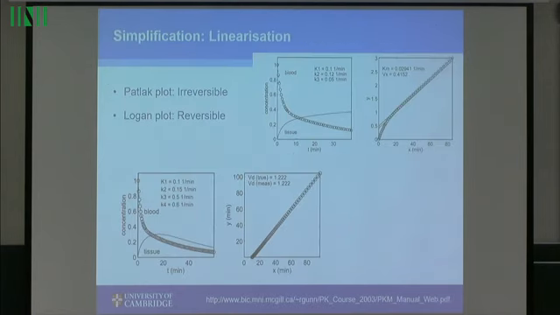Now these compartment models are iterative models, so they take a lot of computational effort, and it's not quite feasible to look at individual voxels in the image if you want to compare voxel-wise between groups. So we look for simplification like linearization, where examples are the Patlak plot for irreversible binding and the Logan plot for reversible binding.